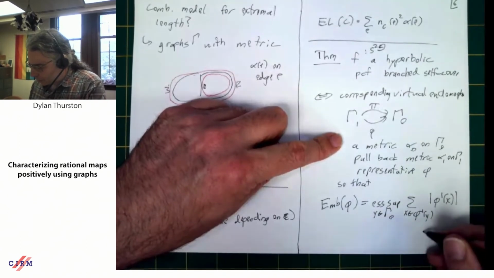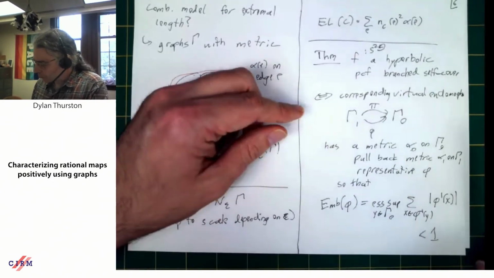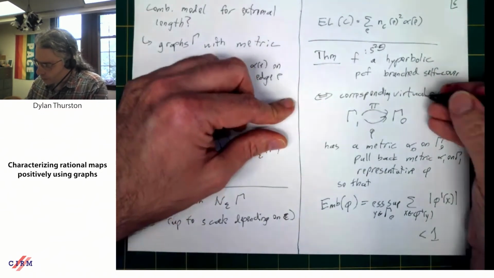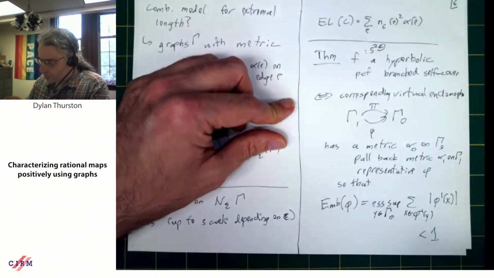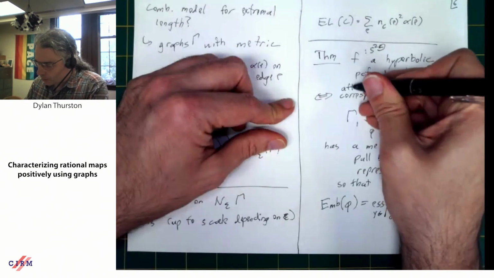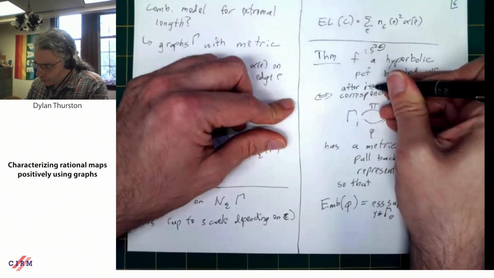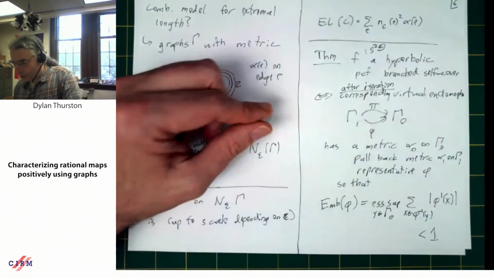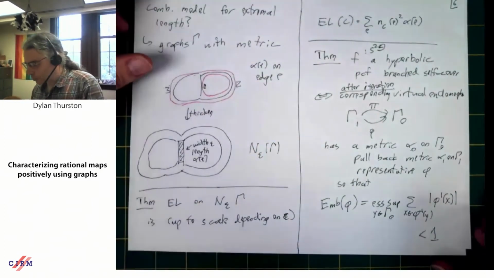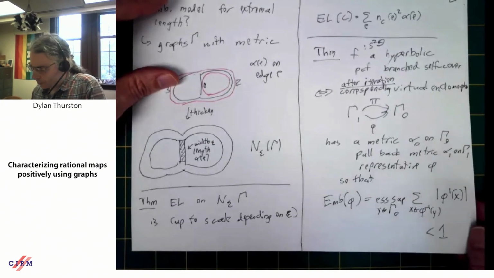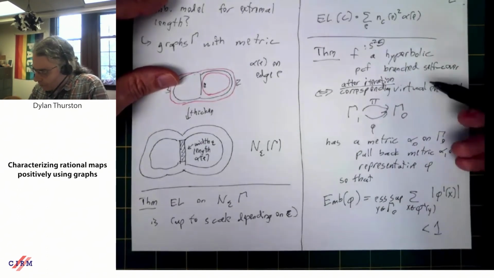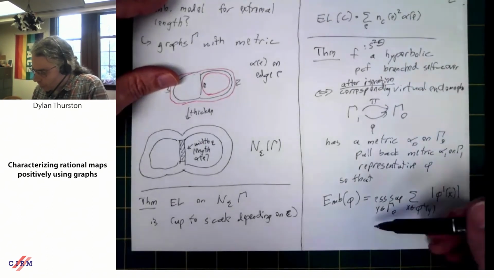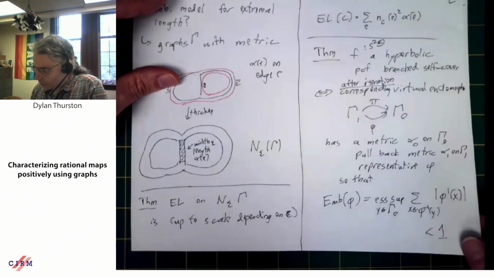And this should be less than 1. And for this to actually be correct, this should be true after iteration. There are definitely cases of concrete rational maps where you do need to iterate. But on the other hand, after enough iterates, you will be able to find this model.